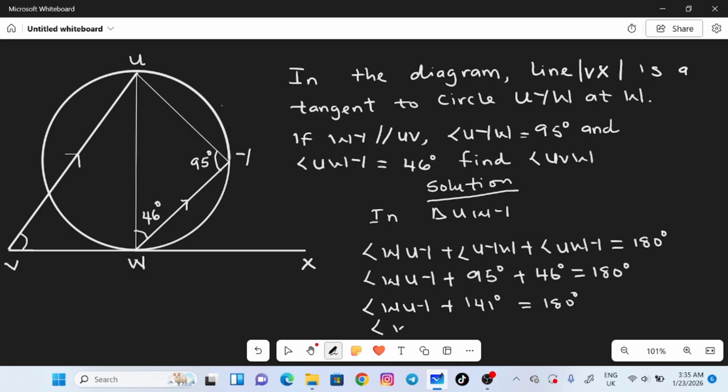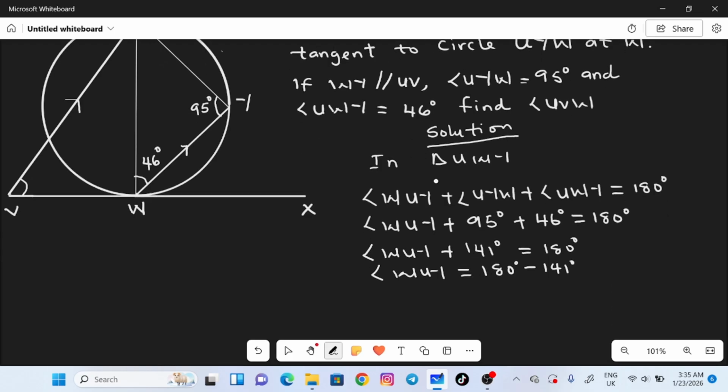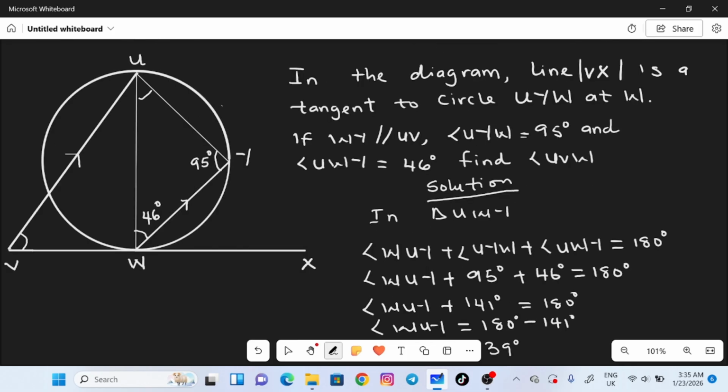Our angle WUY equals 180 degrees minus 141 degrees, because if we transpose plus 141 degrees to the right hand side, the positive sign will change to negative sign. So angle WUY equals 39 degrees.